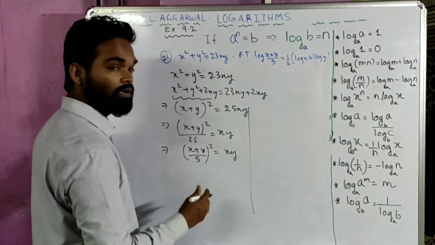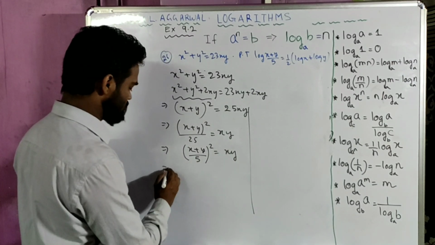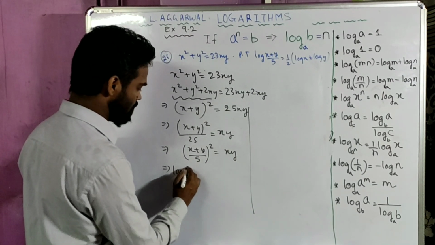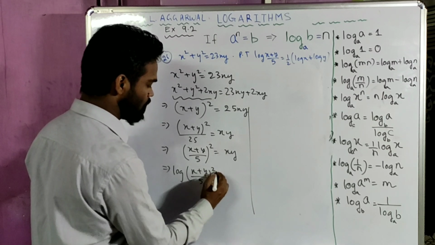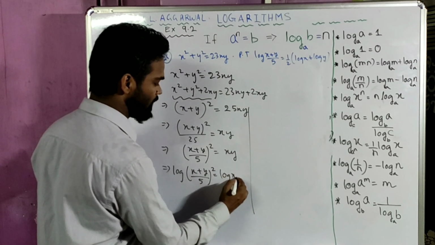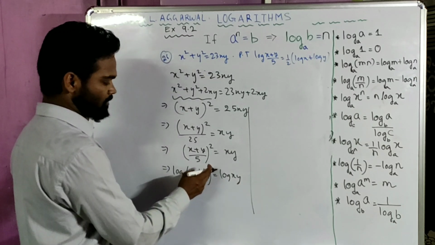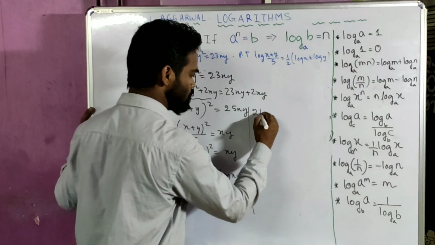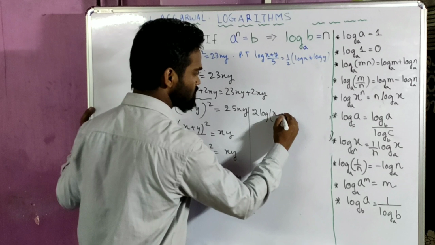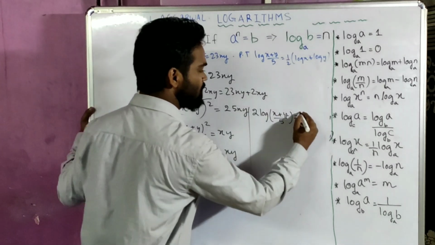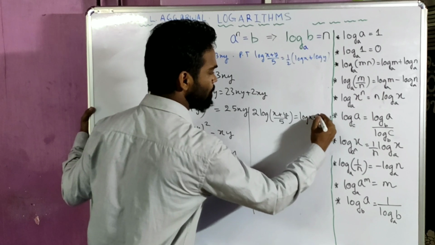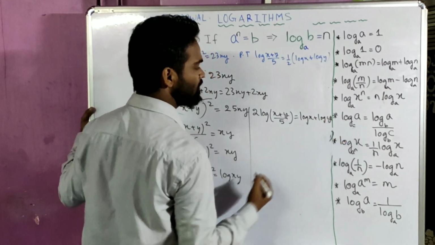Now what I'll do, I'll take log on both sides. So taking log on both sides, I get log of ((x plus y) by 5) whole square equals log xy. Now look, this 2 comes in front, so this becomes 2 log of (x plus y) by 5, and log xy will be log x plus log y.